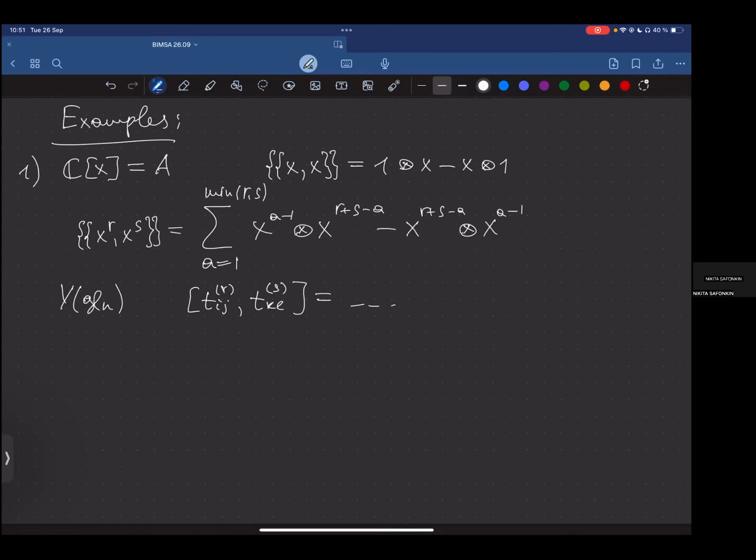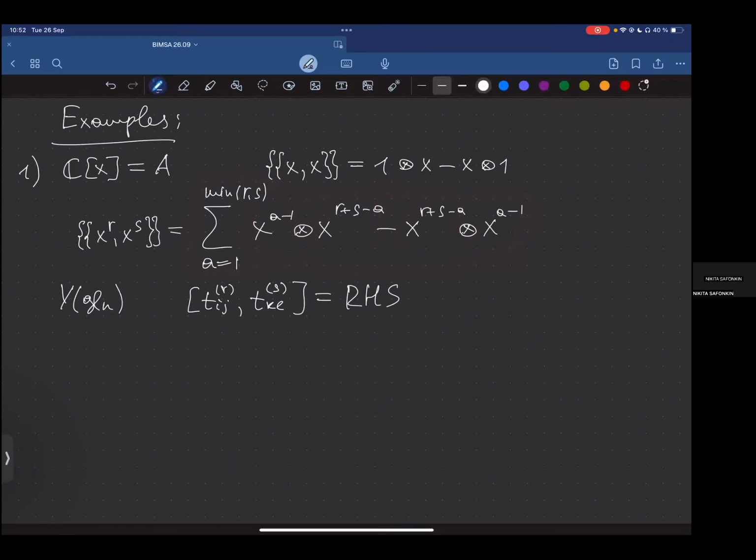And this right-hand side can be deduced from this formula just by inserting indices on every one of these.